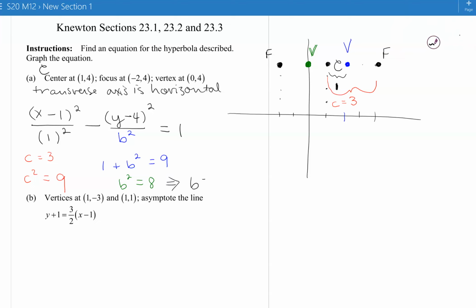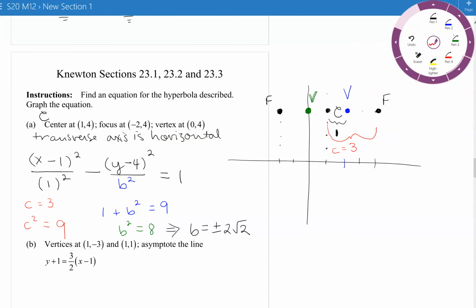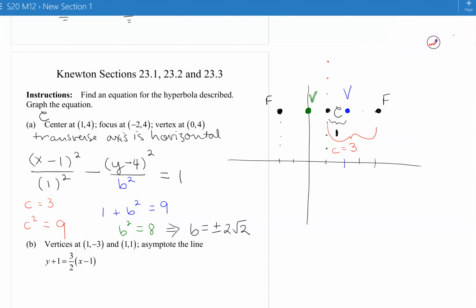So that means b equals plus or minus 2 root 2, which is a little less than 3. So in the y direction, from the center, I need to go a little less than 3.